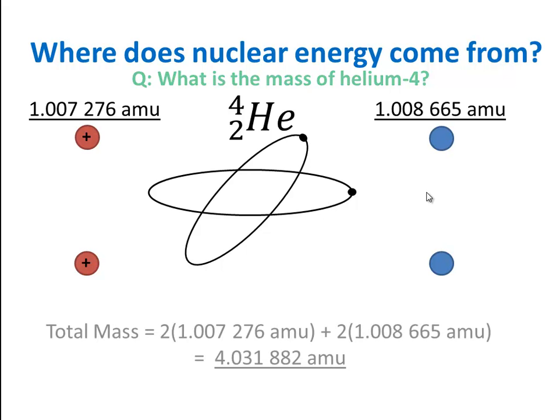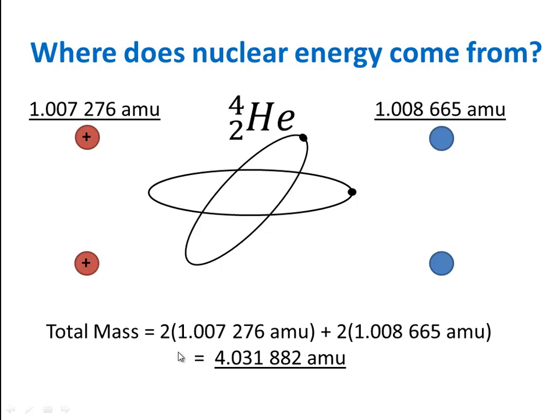Okay, hopefully you set things up like this. Obviously we have 2 protons, and they each have this mass in atomic mass units. Likewise, 2 neutrons with their mass. And when you do the math, this is the total mass of the helium-4 that you should come up with in atomic mass units. Okay, so all well and good.